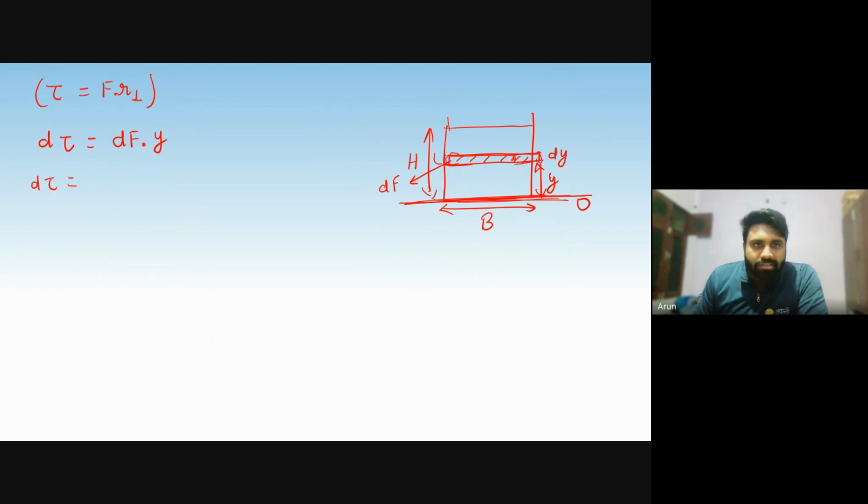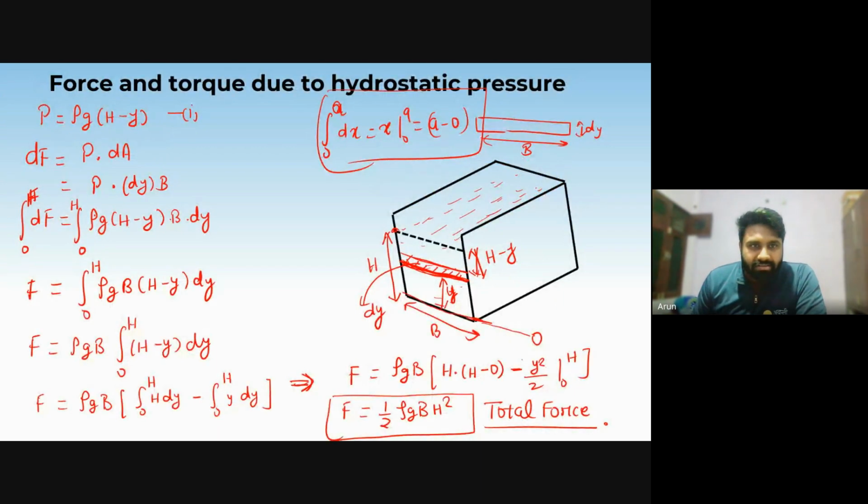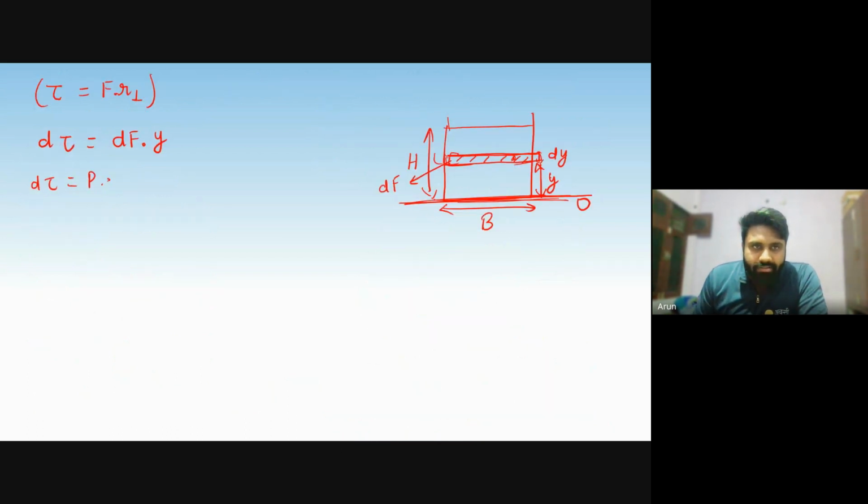Now d tau is equal to dF. The value of dF we already know, which is P dy b, into y. So d tau will become P b y dy. Now the value of P is rho g (h minus y), into b y dy.